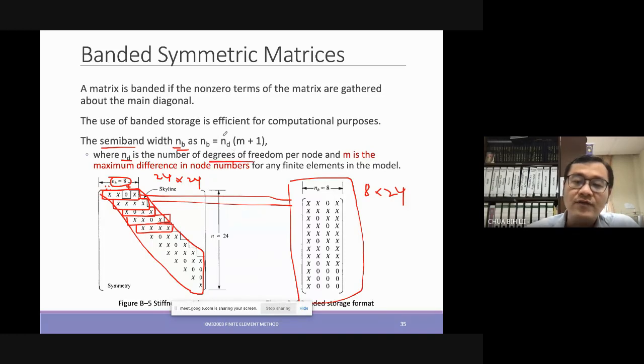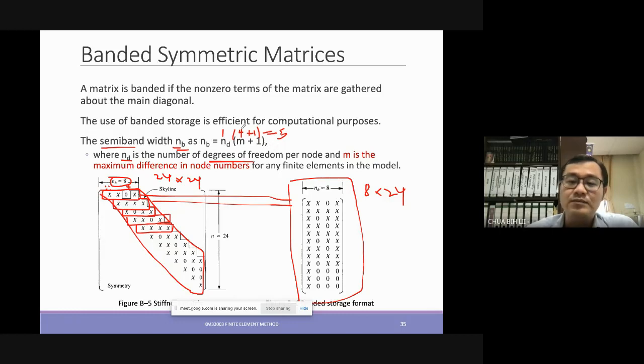So if you have 1 degree of freedom in the system, and M is the maximum difference of the node number, which we will describe later on, therefore, if let's say this difference is 4, so 4 plus 1 gives you 5, so you will get NB equals 5.